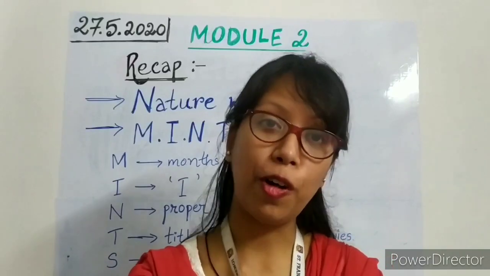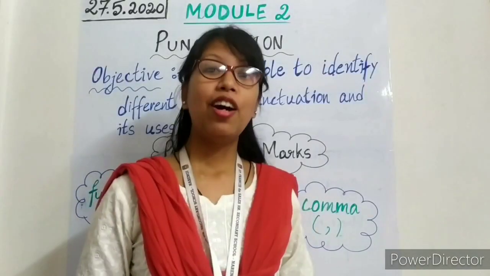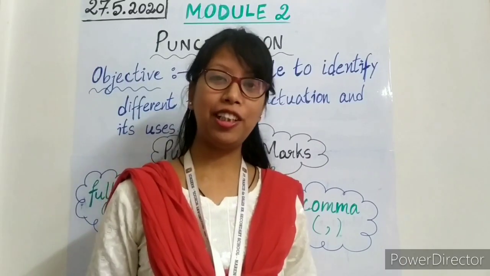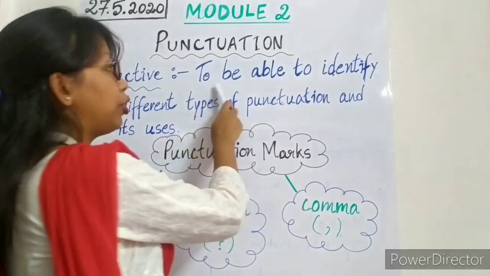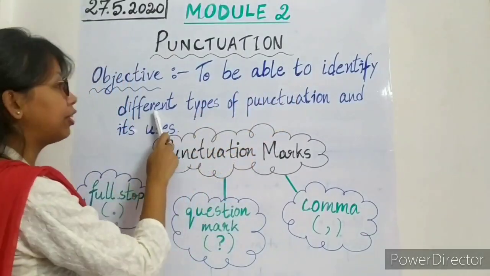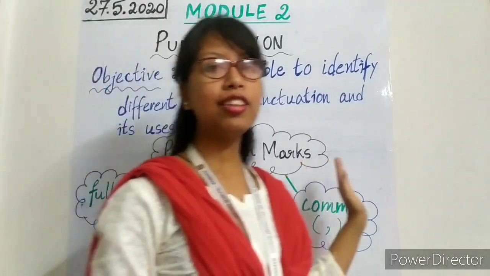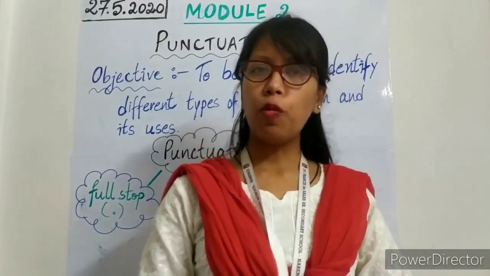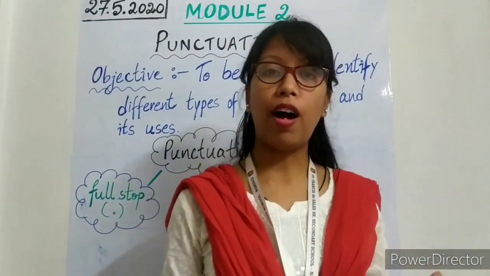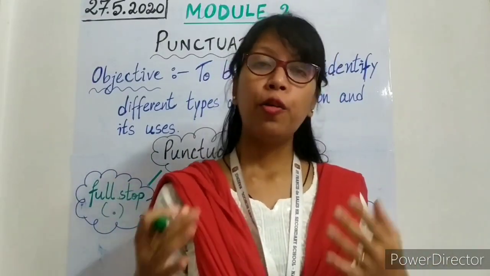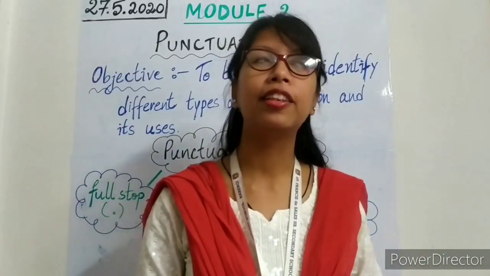Now let's move towards today's topic of discussion. Students, we will be discussing punctuation in today's class. The objective is to be able to identify different types of punctuation and their uses. So what are punctuation marks? Punctuation marks are those marks which help us to understand sentences better.